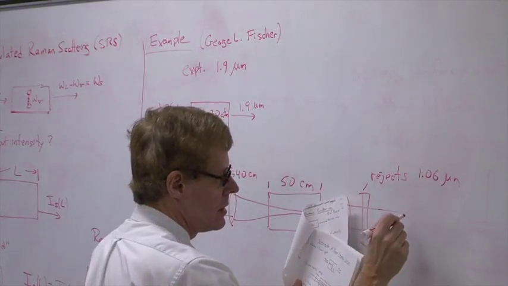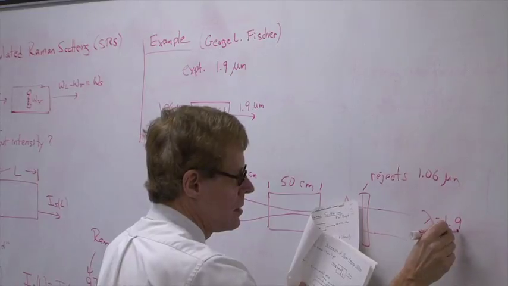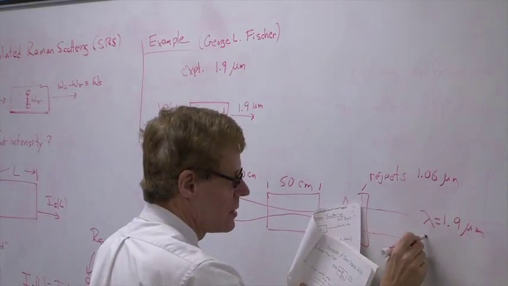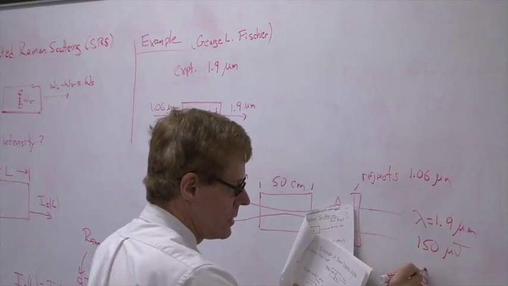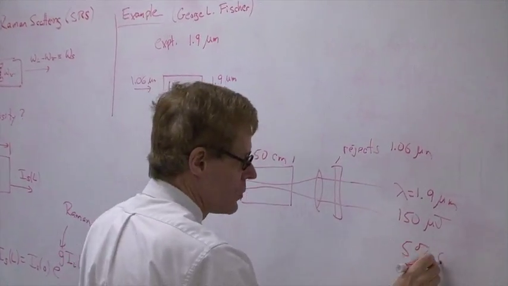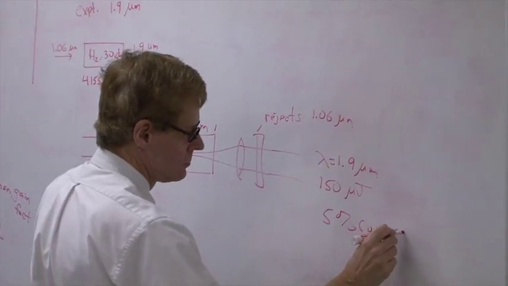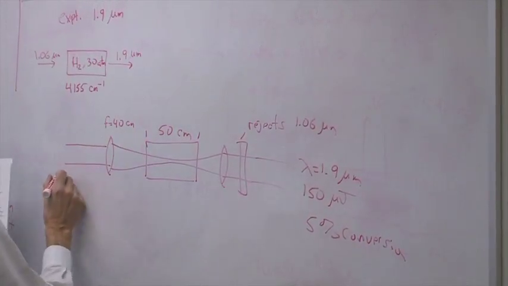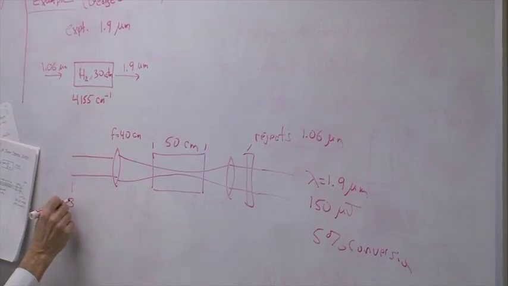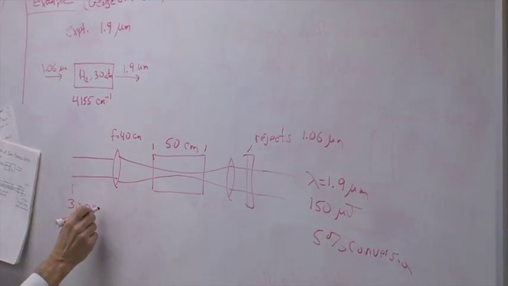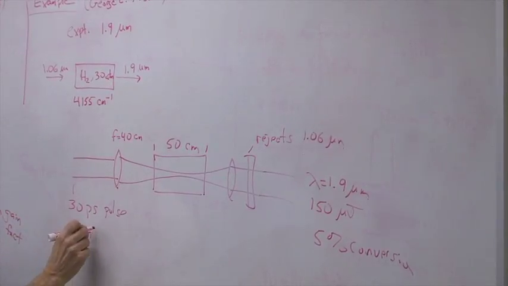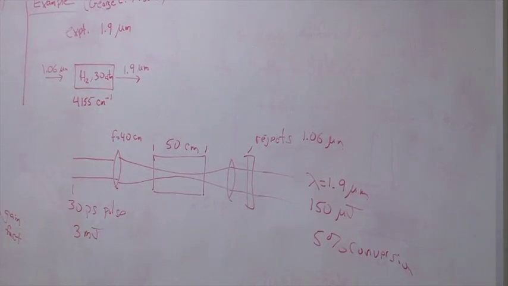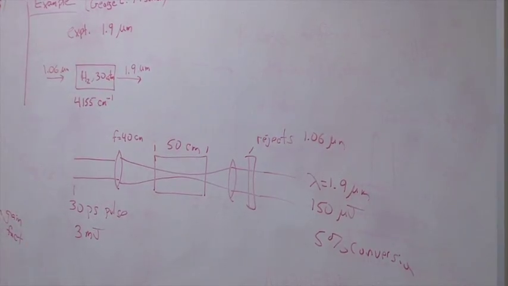And in the end, he ends up with lambda equals 1.9 microns, 150 microjoules of energy, 5% conversion. I guess here the input is a 30 picosecond pulse and 3 millijoules of energy.